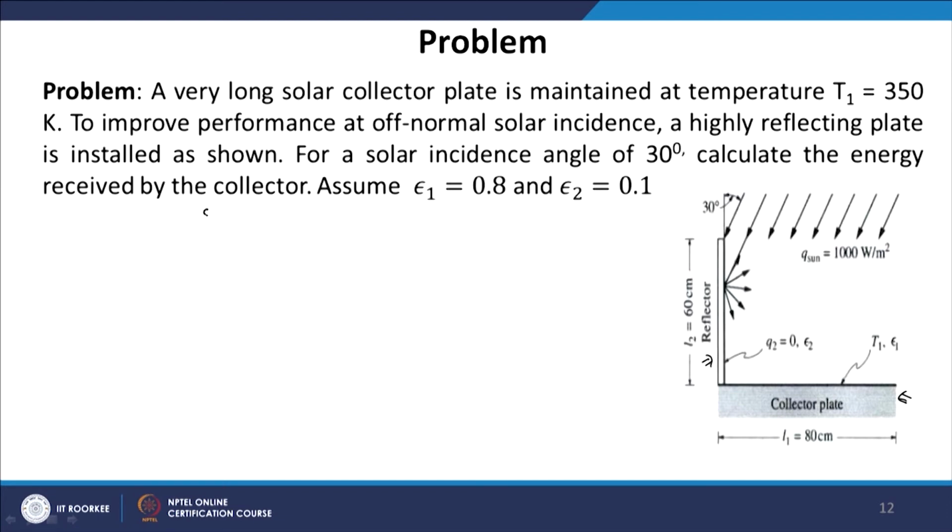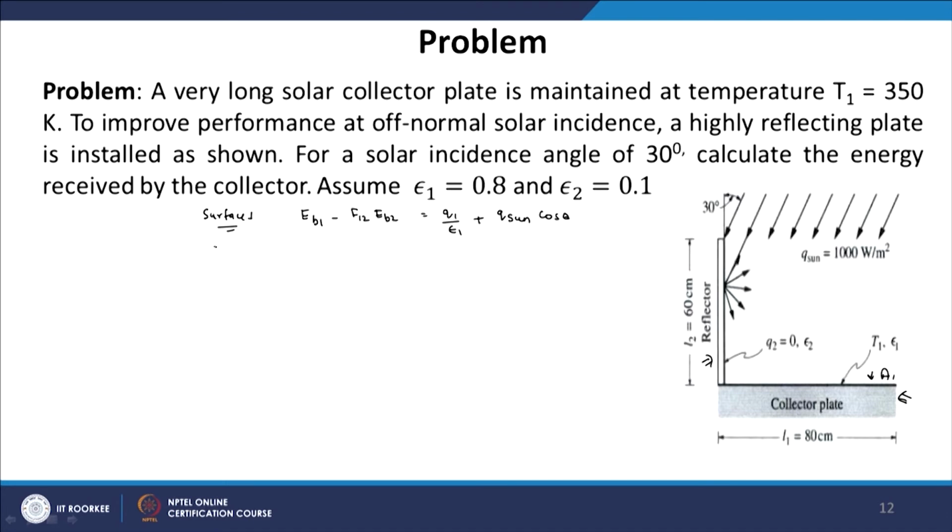Okay. So, we will use the similar method that we basically used in the previous problem. So, we will use the same relation, surface 1 we will write the heat flux. Okay. This is our surface 1 A1. Okay. So, I write this energy balance EB1 minus F12 EB2 is equal to Q1 upon epsilon 1 plus Q sun cos theta, where theta is the angle made by the solar radiation from the vertical direction.